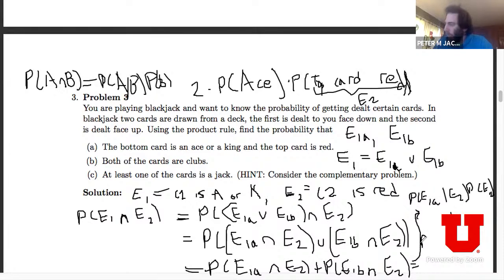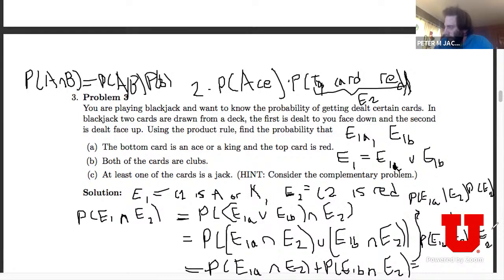All we really did was split up the first event into its two possibilities. It'll be a little bit easier to reason about E1A given E2 as opposed to E1 given E2, because there are two distinct outcomes that can happen in E1. So that's why we split it up. So just writing this out, here's E1B given E2 times the probability of E2.